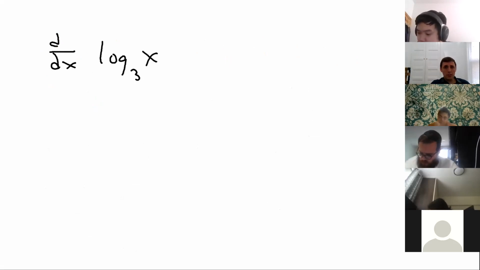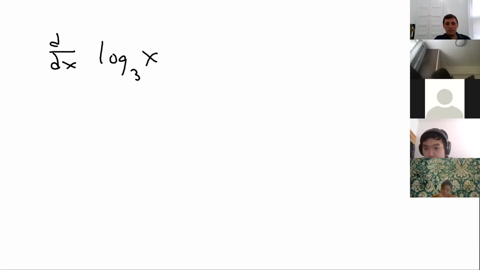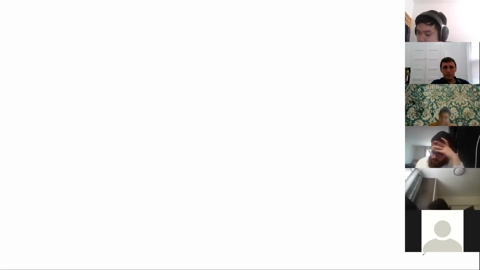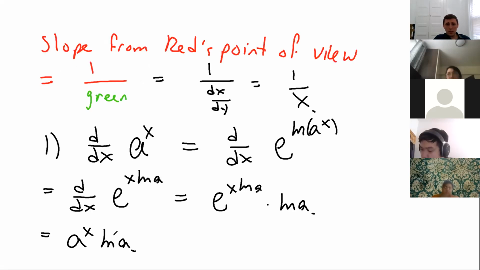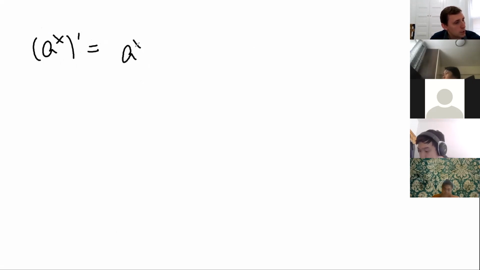The final answer is a to the x ln a. Now I'm saying find the derivative of, so here I'll write it here so that you don't have to, but look at it yourself, guys. The derivative of a to the x is a to the x ln a. I want you to find the derivative of log base 3 of x.